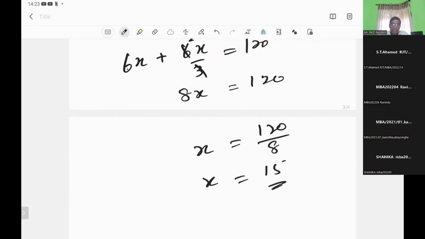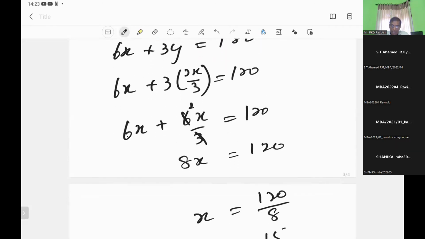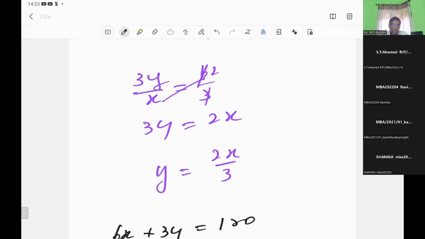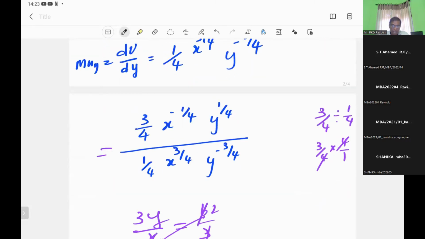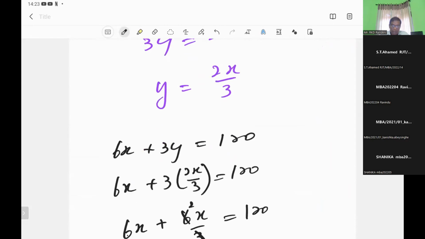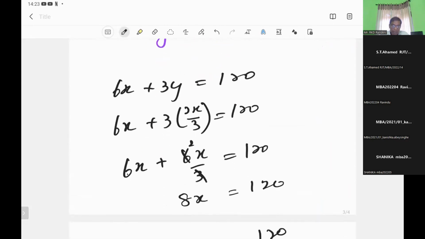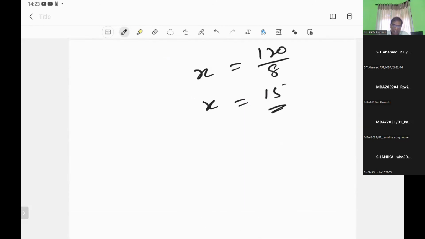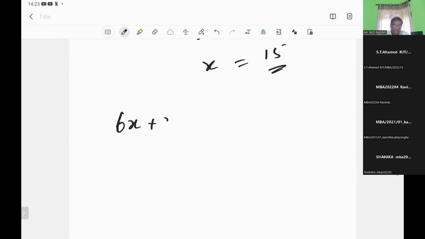Right. Then you can substitute that 15 here. You can substitute in 6x plus 3y. 6x plus 3y equal to 120.